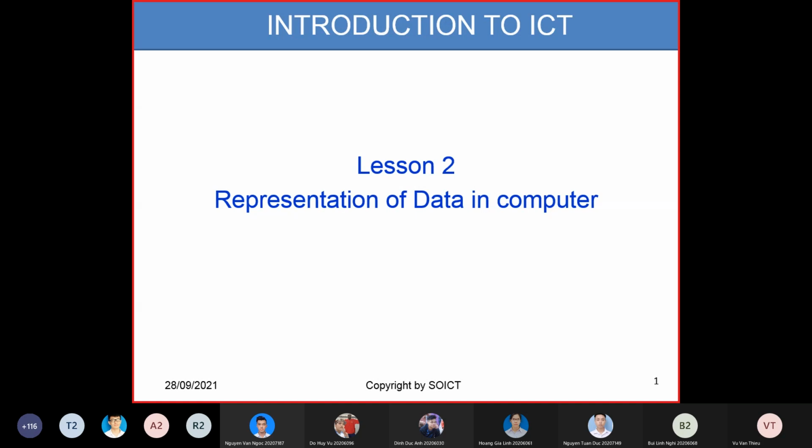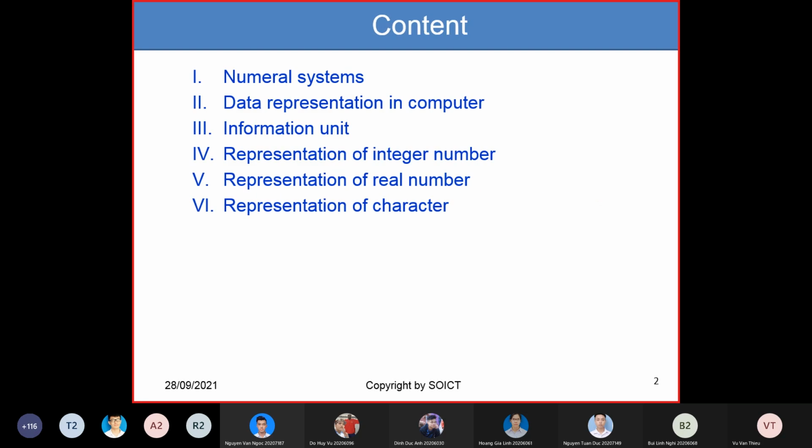So we will study the following topics. First, we study numeral systems, because all data is represented in the computer using the binary system. Then in the second part, we talk about how to represent data in a computer.